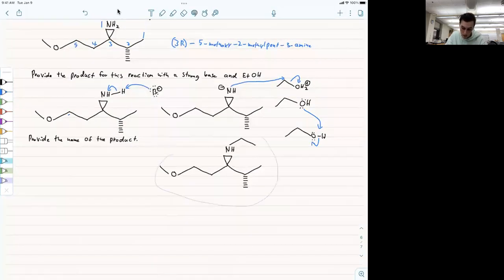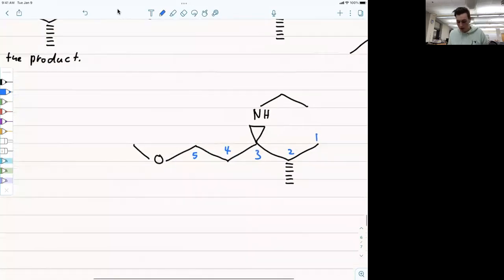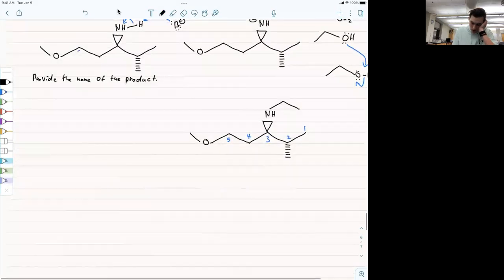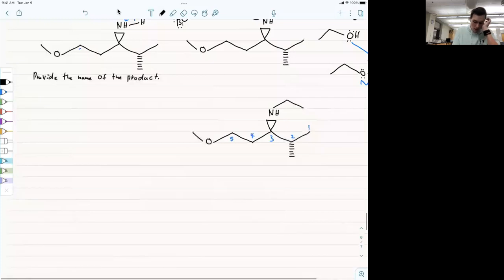So last thing we should do is name the product. Priorities stay the same. Oh, those two won't be in it, but we'll keep the same thing as 5-methoxy.